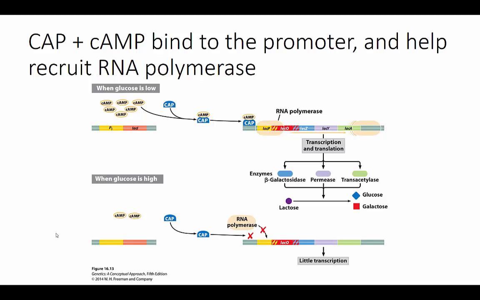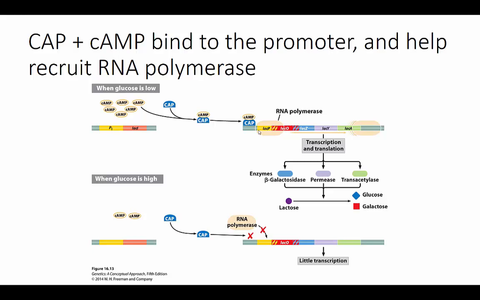So why would it be useful to help recruit RNA polymerase to the promoter? RNA polymerase will bind to any promoter that is not obstructed, for example, by a repressor protein like LacI. It will bind anyway, and so the use of CAP and cAMP is really to make RNA polymerase bind more rapidly to an empty promoter.